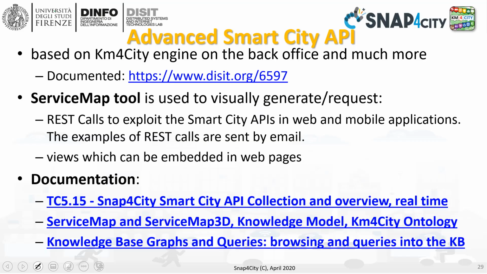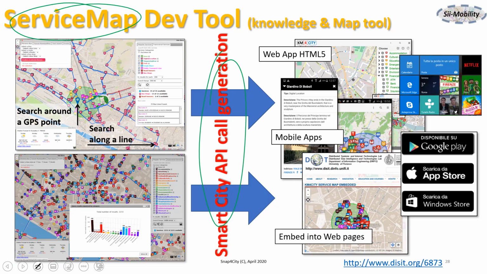So this is a very, very powerful tool, and when you use the Service Map, it's very important that you see in most cases a small disk, and every time that you make a query and then you click the disk, the query that has been done exploiting the Smart City APIs is sent to you by email to train you in creating your invocation of Smart City API to obtain the same kind of data.